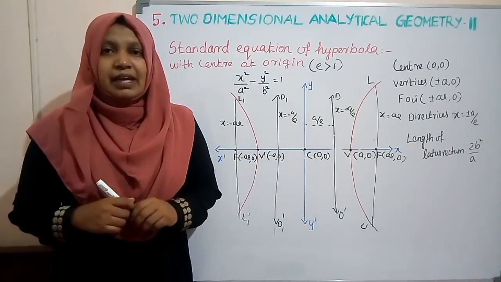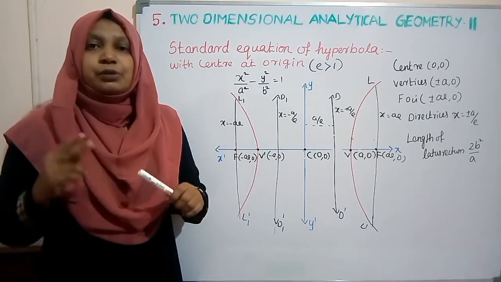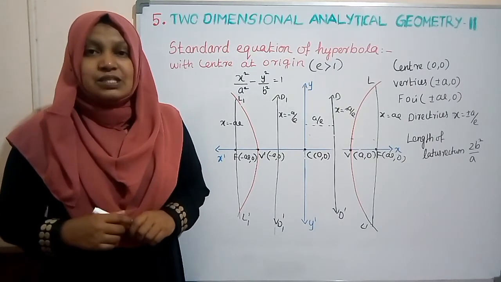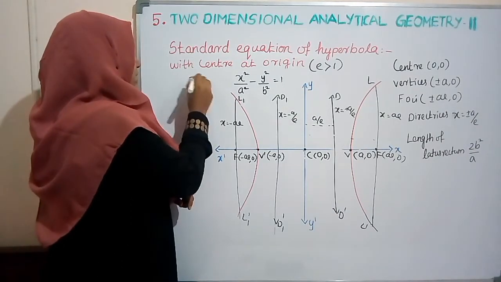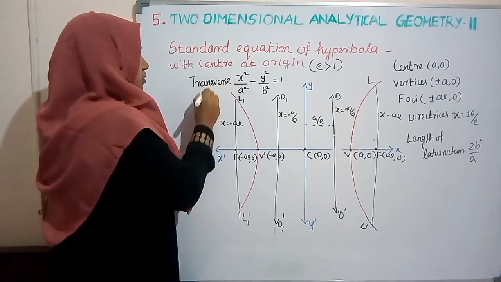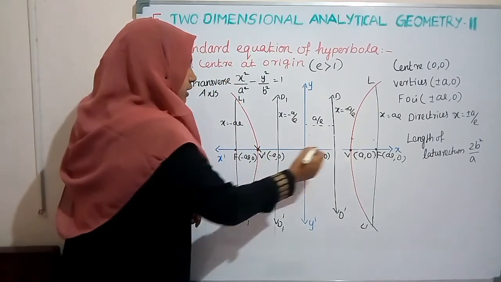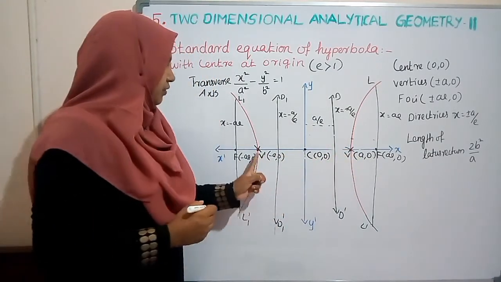So in this same diagram we can also see the axes. We have 2 axes of this hyperbola, that is nothing but the transverse axis and conjugate axis. Here the transverse axis is nothing but the distance between the 2 vertices, that is V, V dash.